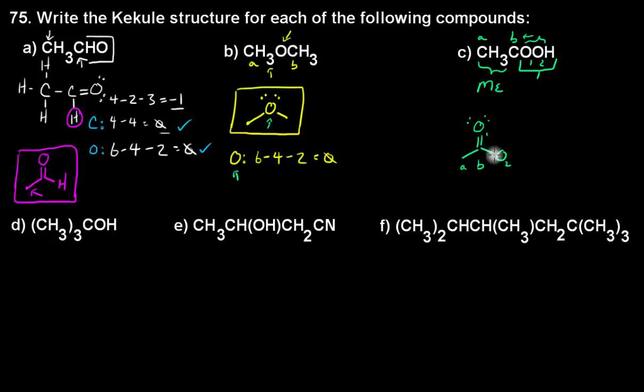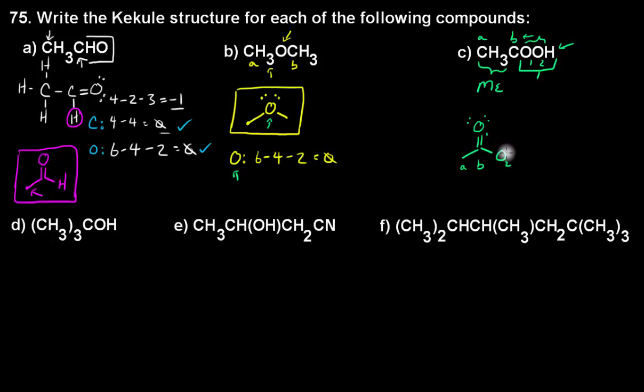Okay, and now for oxygen 2, we have to figure out a way to make that neutral. We have to do that by using up this last hydrogen right here. The way this elongated, condensed, written out form is implying is that you have a bond between this oxygen and this hydrogen.